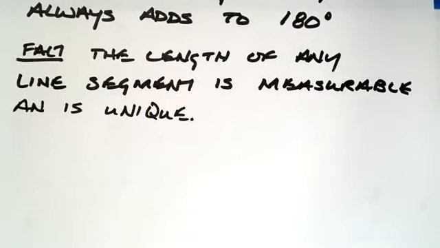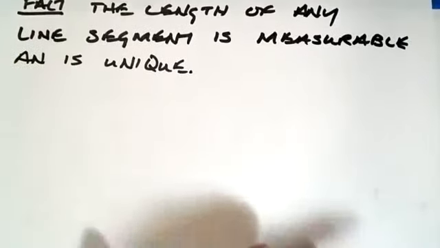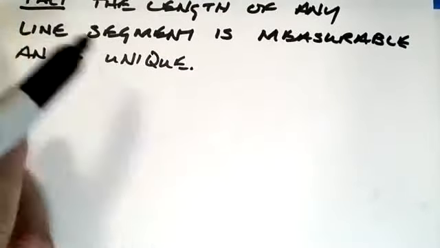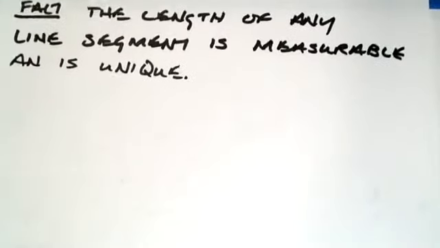And if you get into other mathematical structures, it's related to the distance function. Of course, you know what the distance function is for Euclidean space. It's the Pythagorean theorem ultimately, and that's where we're headed. Based on this fact, unique just means that any one line segment has exactly one number that represents its length.